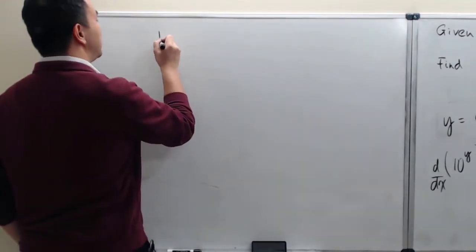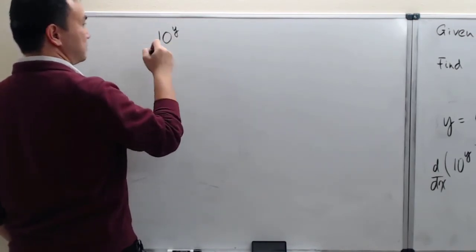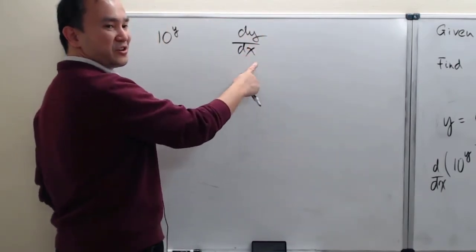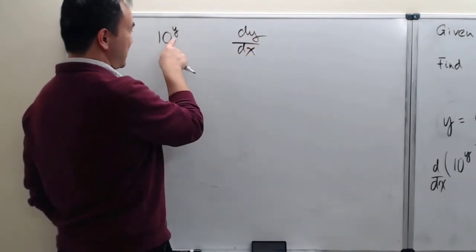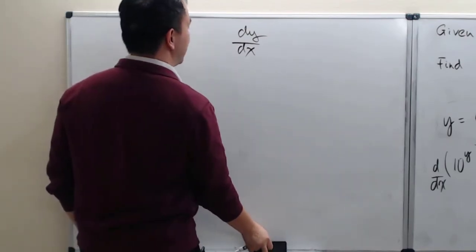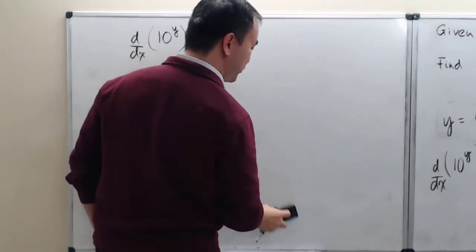All right, so 10 to the y. This symbol here is telling us that y is a function of x. So once again, with this 10 to the y, if we're taking the derivative in terms of x, that means y is an implicit function of x. Y is a function of x.